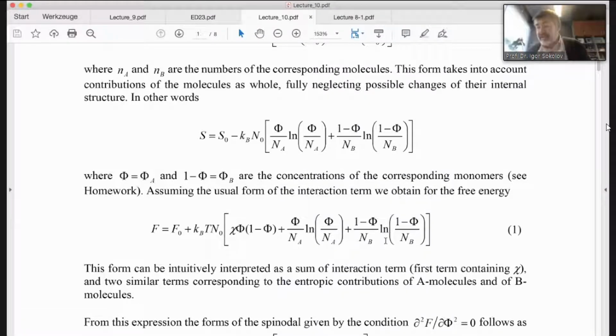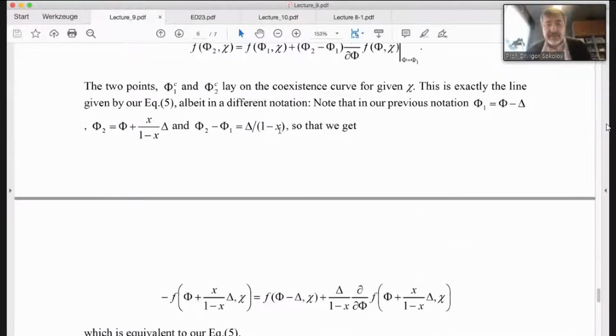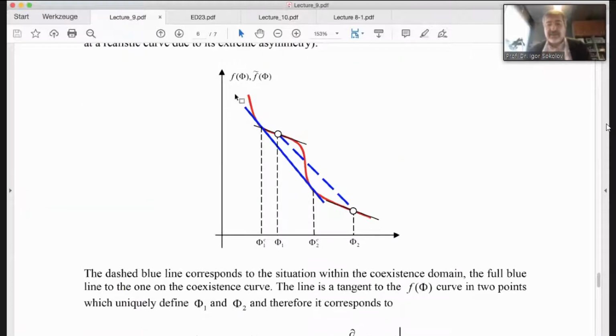And for the case, if you remember my picture from the previous lecture, lecture 9, let me come back here. Yes, this was this f of phi. So this was red, and here you have to find a solution of the 2 equations so that the derivatives here are equal and the tangents make a single straight line.